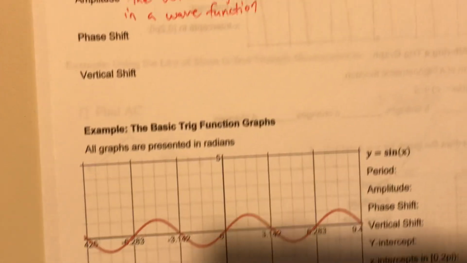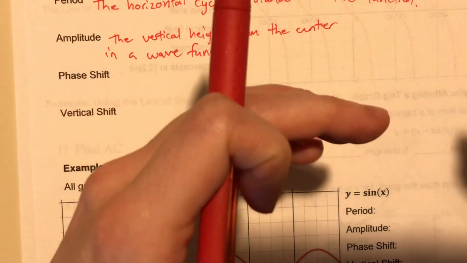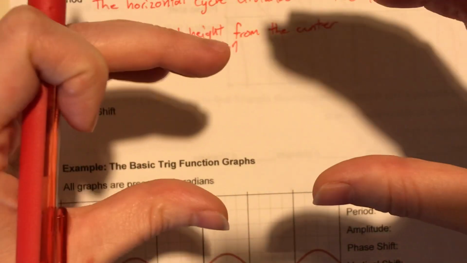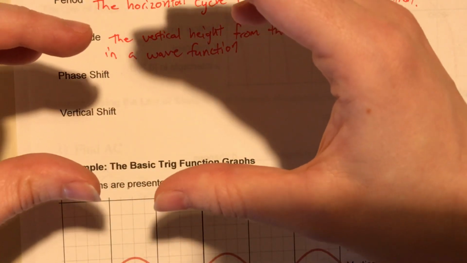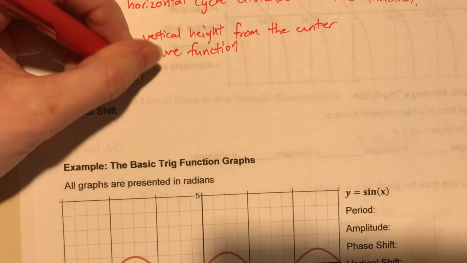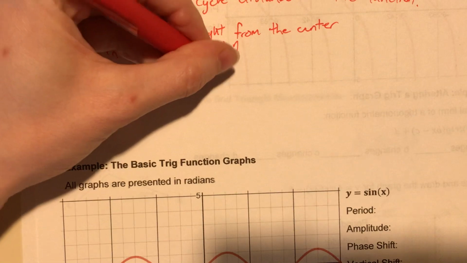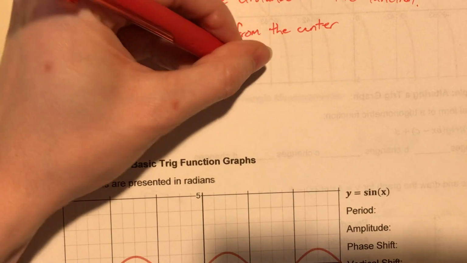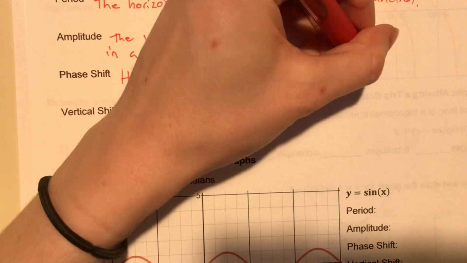A phase shift, sometimes our functions can be phase shifted. That's a horizontal translation. So we can take our base function and we can shift it over slightly so that all the values are in a little bit of a different place. That's a phase shift. So it's a horizontal translation of a trig function.